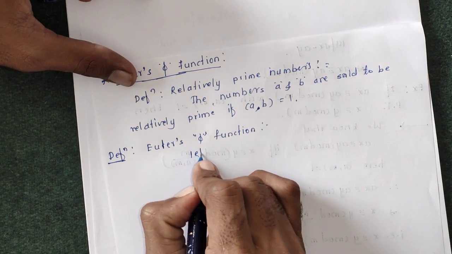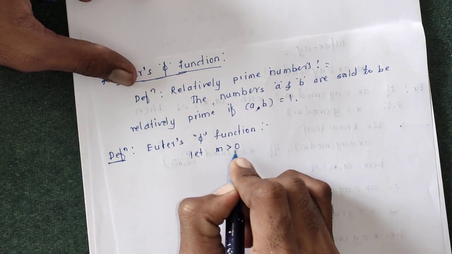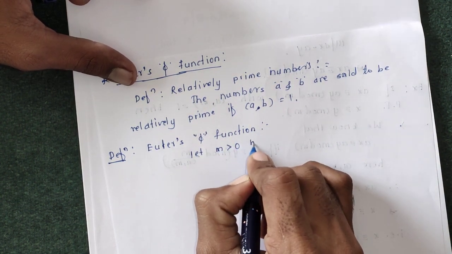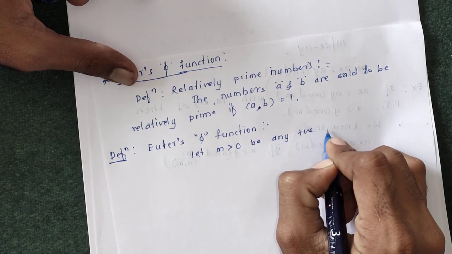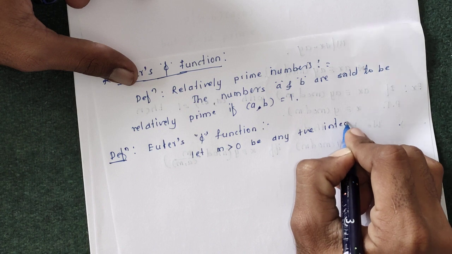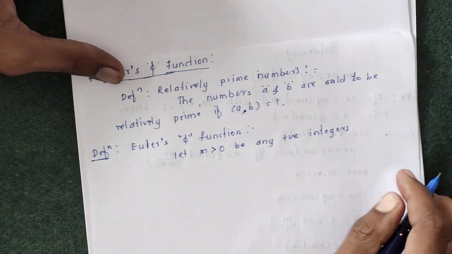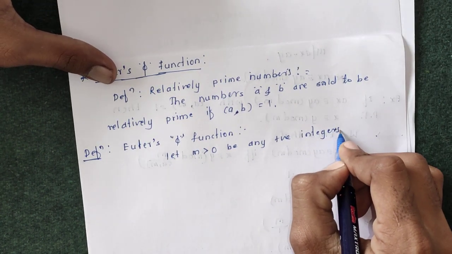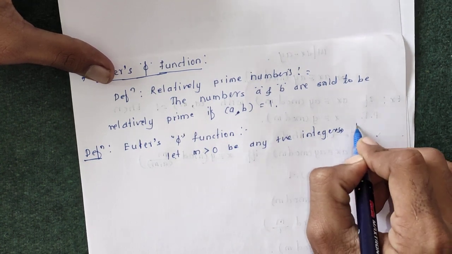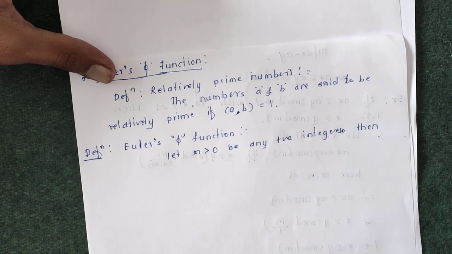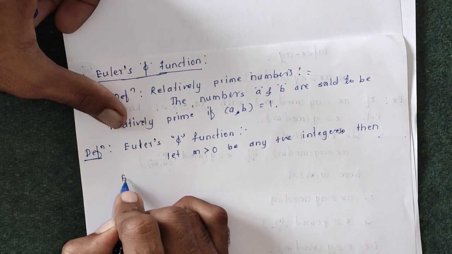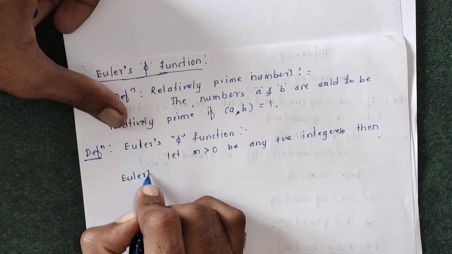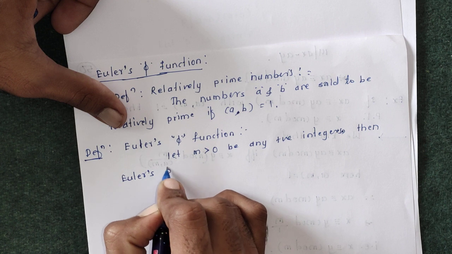Let m greater than 0 be any positive integer. Then Euler's phi function.